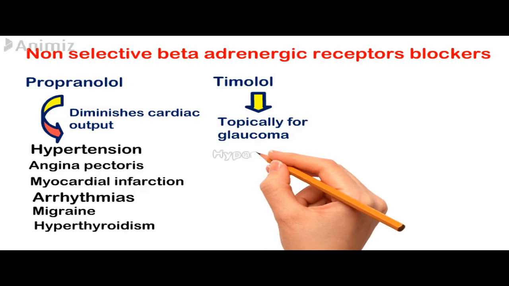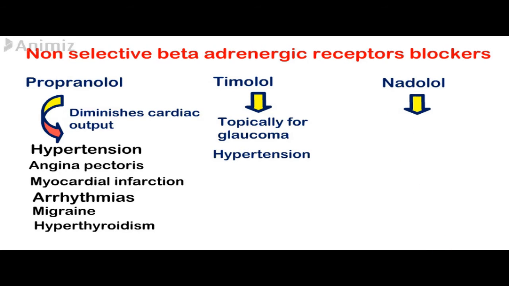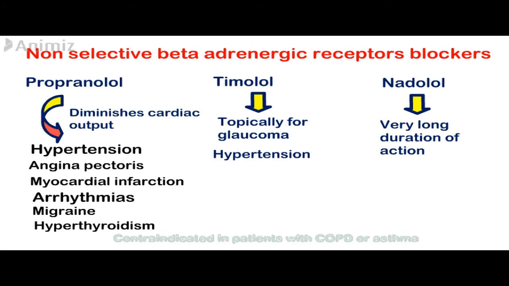It is mainly used in hypertension, angina pectoris, myocardial infarction, arrhythmias, migraine, and hyperthyroidism. While timolol is mainly used topically to treat glaucoma and sometimes systemically to treat hypertension. And nadolol is different from the previous ones because it has a very long duration of action.